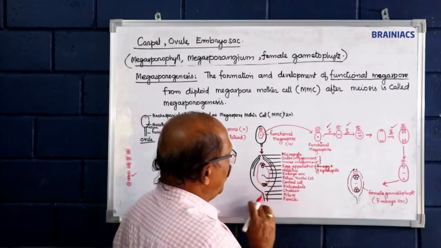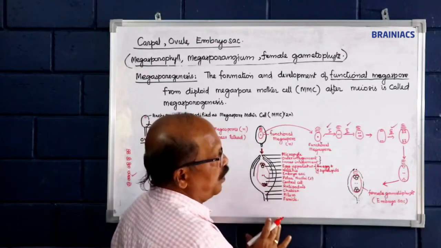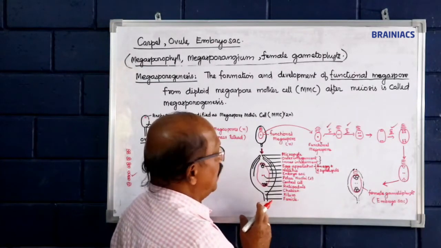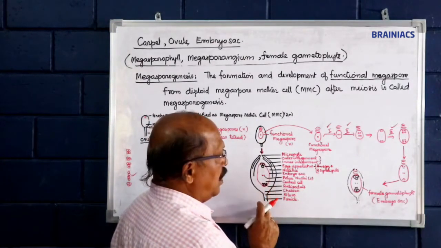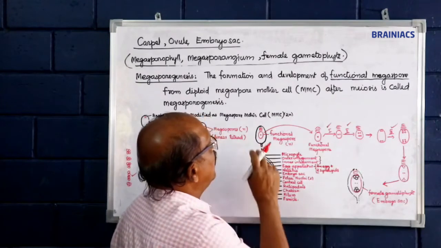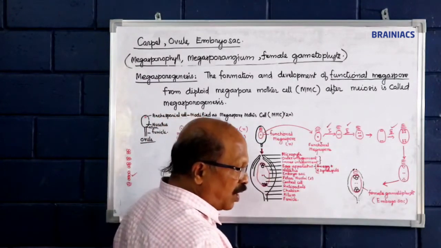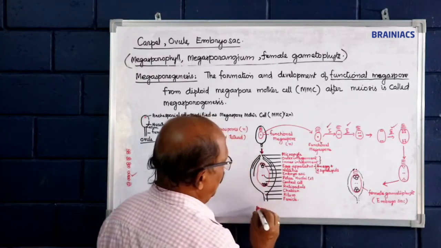Then the funicle, the stalk of the ovule. This is an orthotropous ovule. Here the funicle and micropyle are all on the same line, which is called an orthotropous ovule.